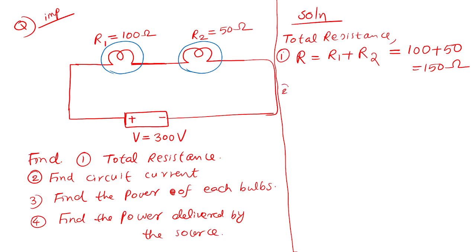Now the second question. Find the circuit current. R is actually the effective resistance. We studied another formula for effective resistance. I discussed that. I think you forgot it. The effective resistance has a general formula: battery voltage by battery current.